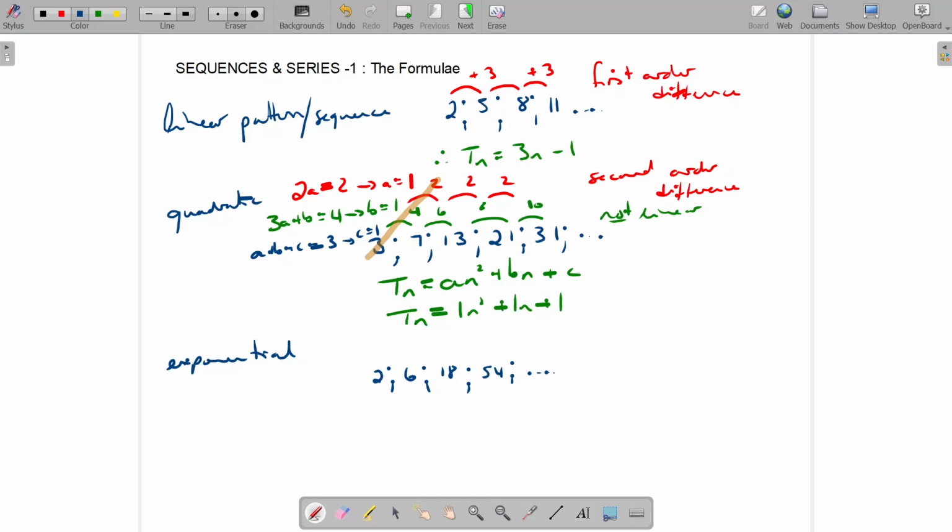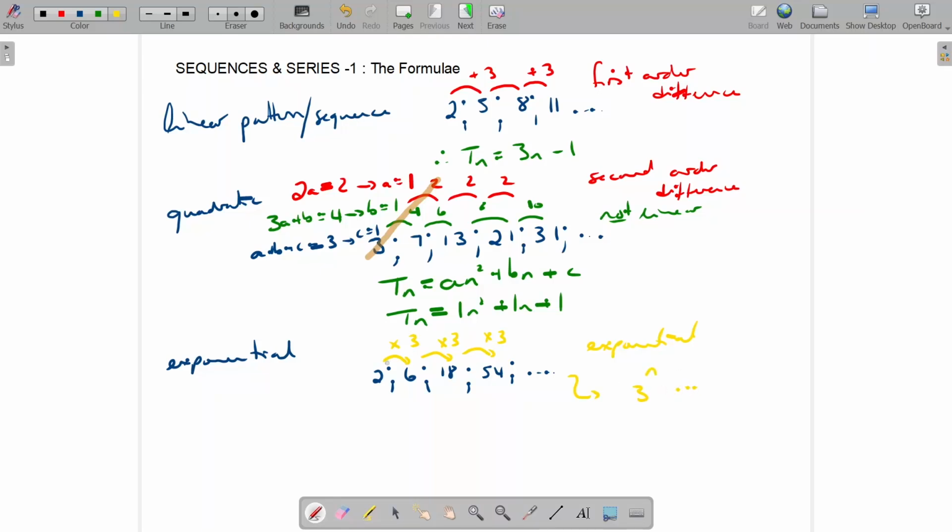We would simply recognize that because this thing was multiplying by 3s, it was exponential. And your teacher may have pointed out that there must have been some tie-in to 3 to the power of n or something like that.